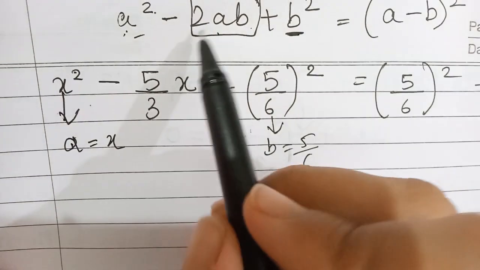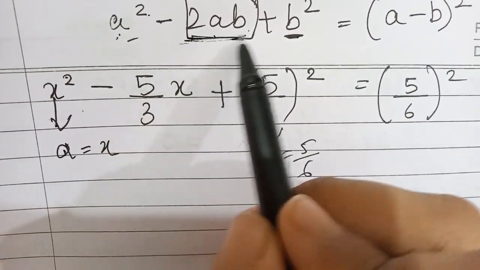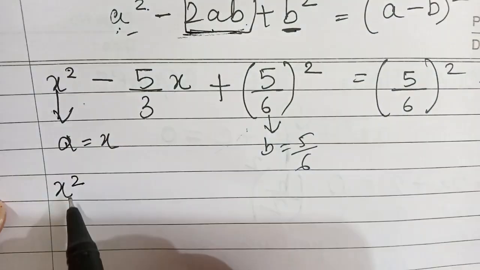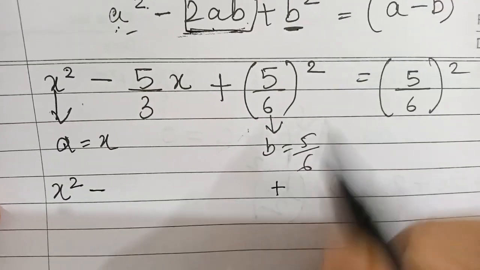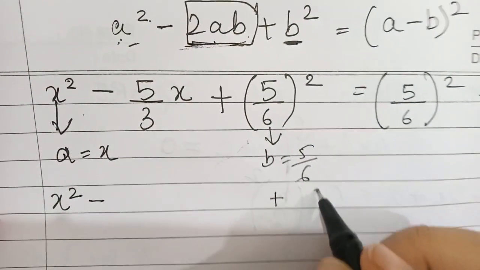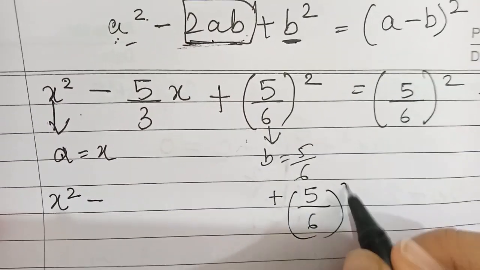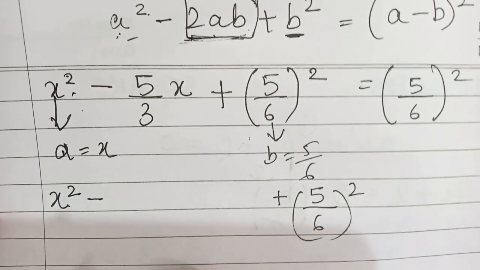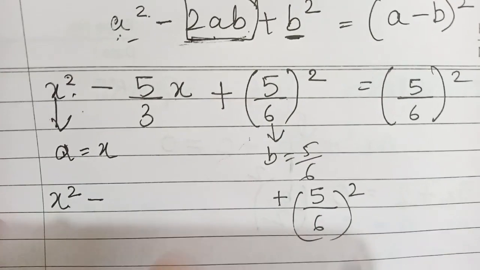Now we have to get this equation's 2 into a into b. So a² we have already written, and you already have b², that is (5/6)². So these two terms will come down as they are. Now to get the middle term, this will come with a lot of practice.